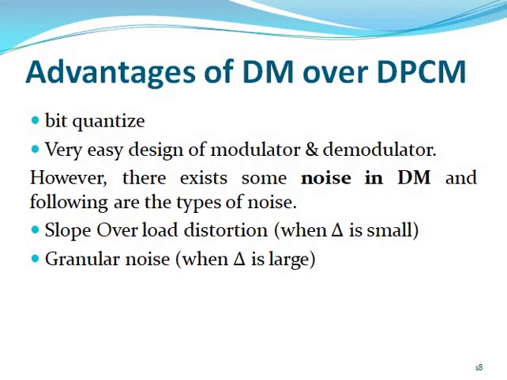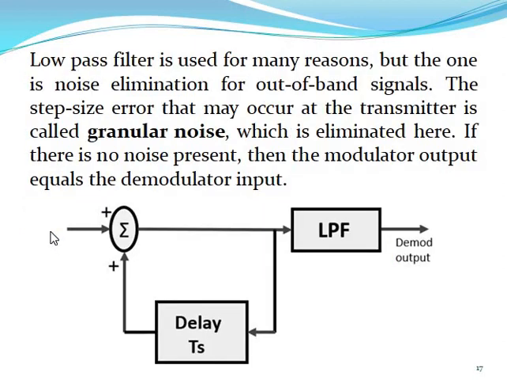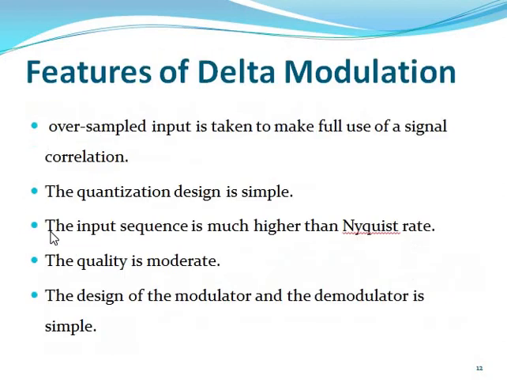So what are the advantages of DM over DPCM? One-bit quantization, and second, it is very easy to design the modulator and demodulator. However, there is some noise in DM, meaning delta modulation, of two types. First is slope overload distortion, when delta is small, and granular noise, when delta is large. So this is delta modulation and demodulation.